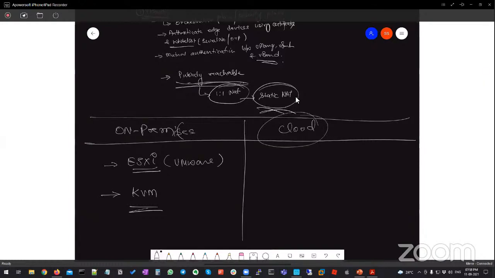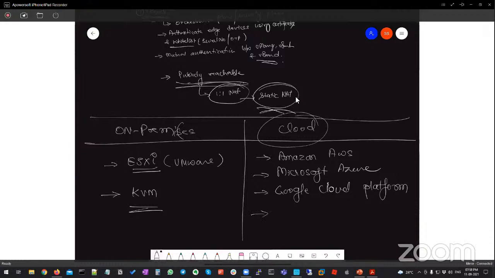Or else if you go over the cloud, you have the option of Amazon AWS, you can configure it over Microsoft Azure, or over Google Cloud Platform, GCP. And the fourth option is Cisco Controller as a Service.